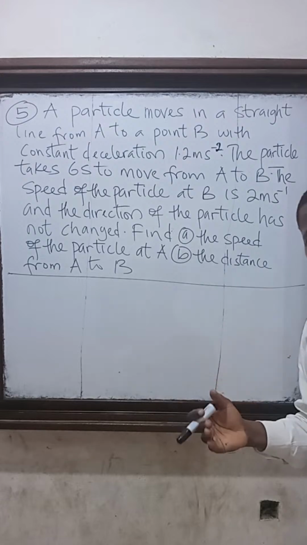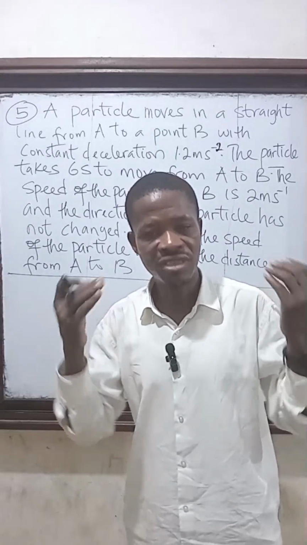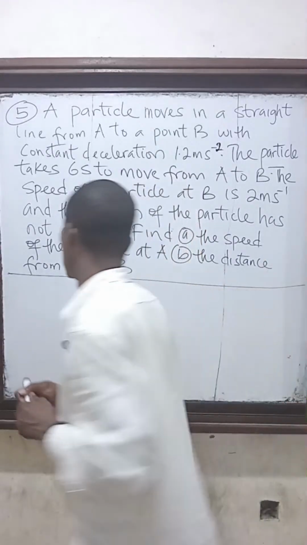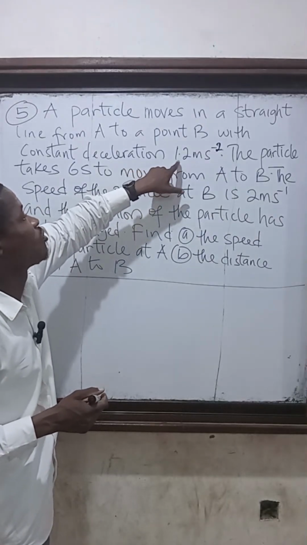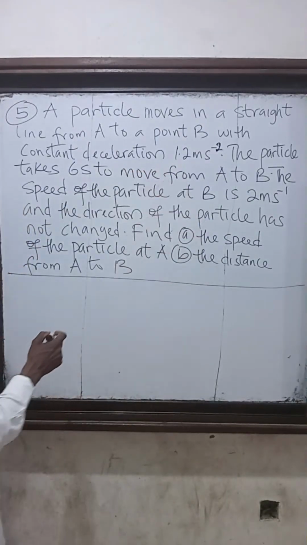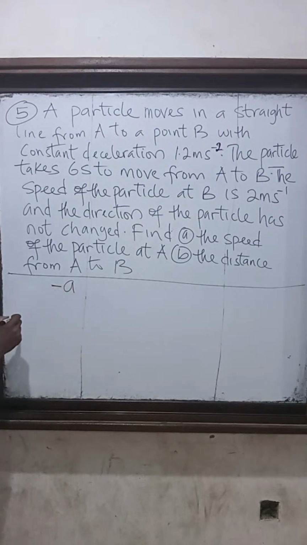Okay, the first thing to do is to begin to state the given parameters. We're told the acceleration is 1.2 meter per second squared. Minus a, negative acceleration, is what we call deceleration.